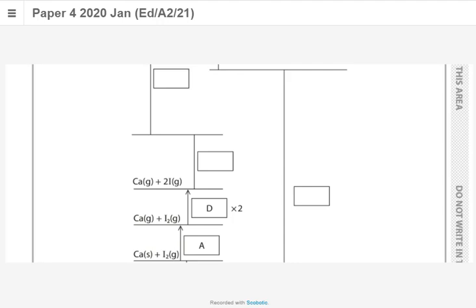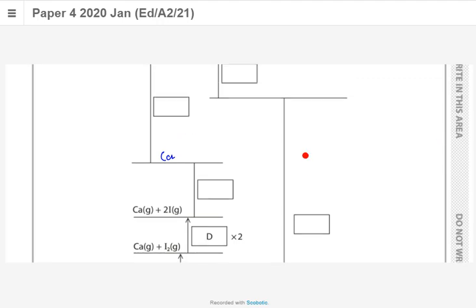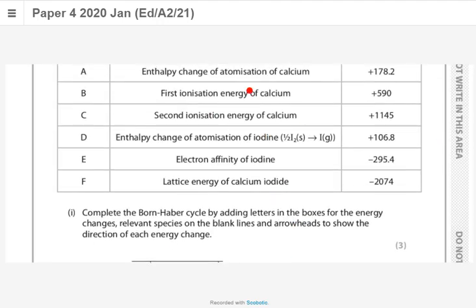Usually we complete one and then start the other one, but here it's not like that. You have to first atomize both and then ionize both. So here, calcium. Have they given the first and second ionizations separately? Yes, first and second.